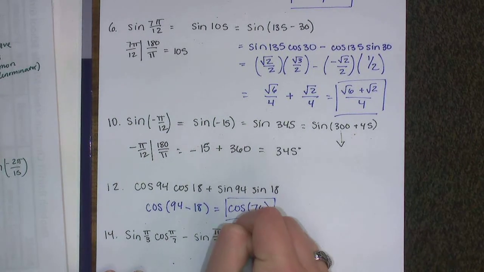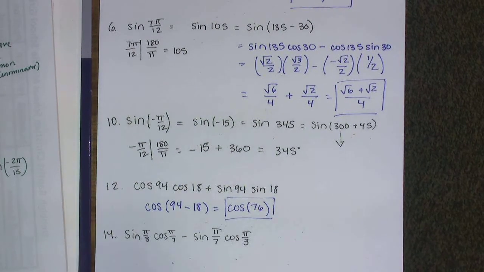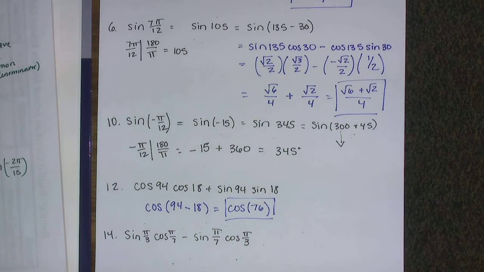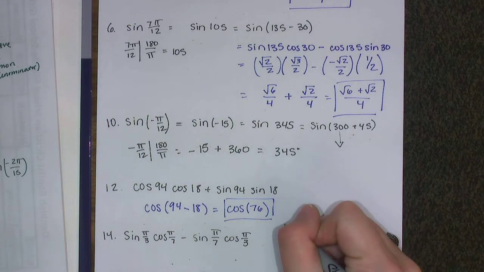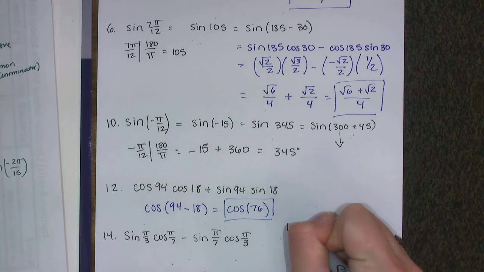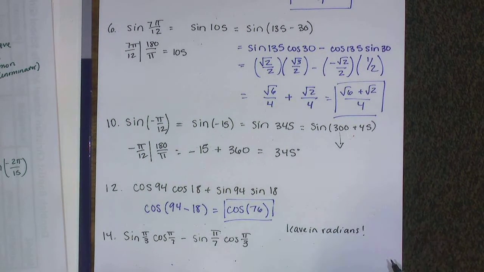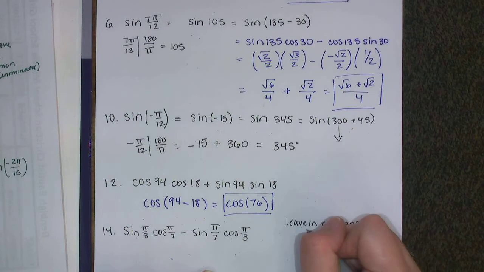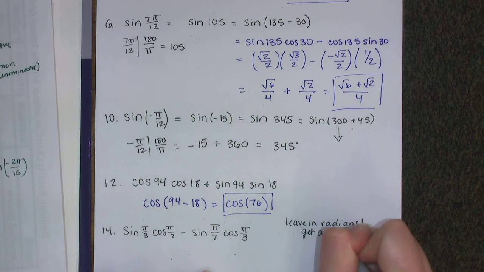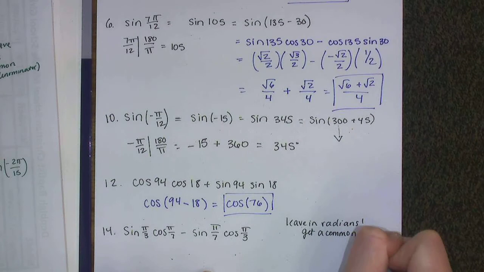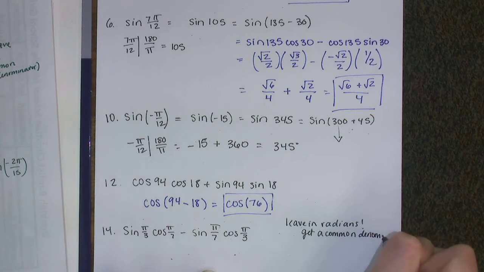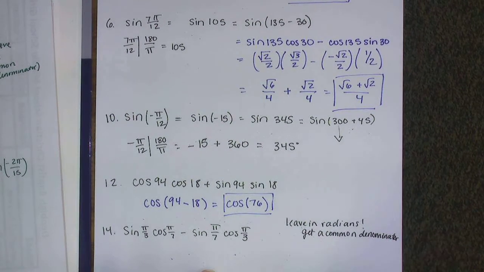So with these ones, leave in radians. Okay, with this type, leave in radians, get a common denominator. So, I have a sine cosine minus a sine cosine.